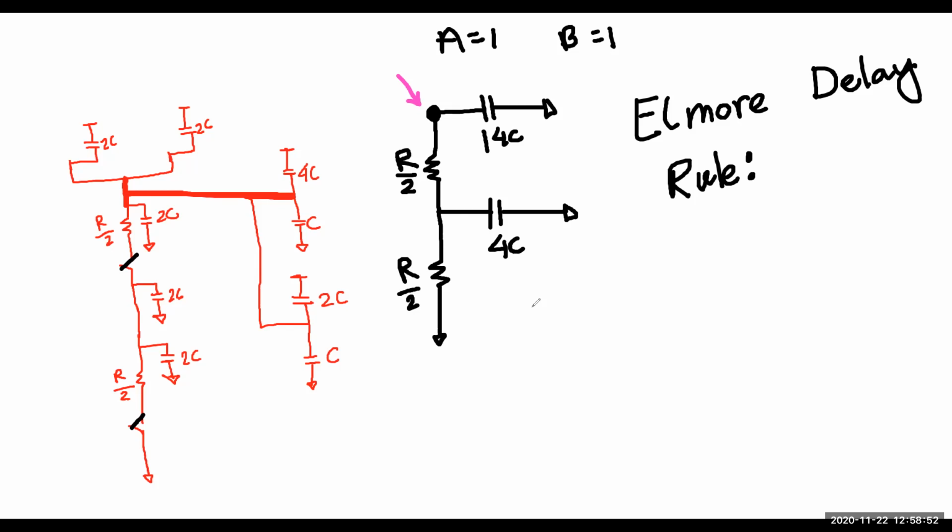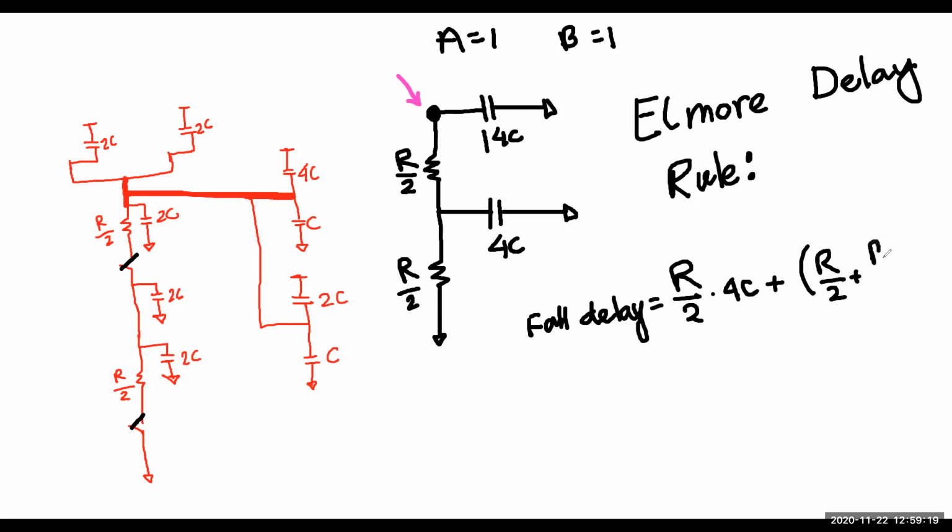By using the Elmore delay rule, the fall delay will be, see how I calculate this. Resistor into capacitor, so R by 2 into 4C, plus resistor into capacitor, R by 2 plus R by 2 into 14C. Got my point?